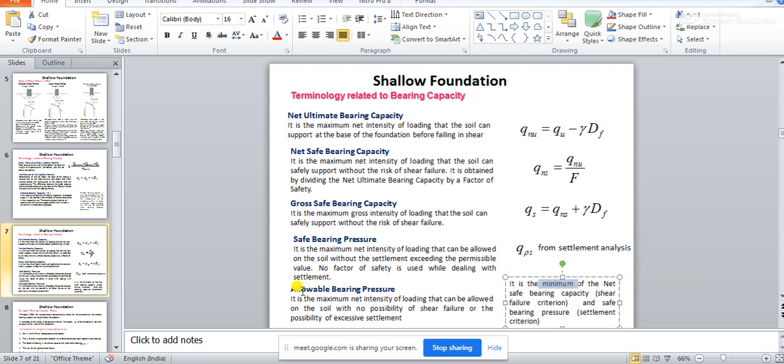So allowable bearing pressure is nothing but the minimum of the net safe bearing capacity, which is dependent on the shear failure criteria, and the safe bearing pressure, which is driving the settlement criteria.